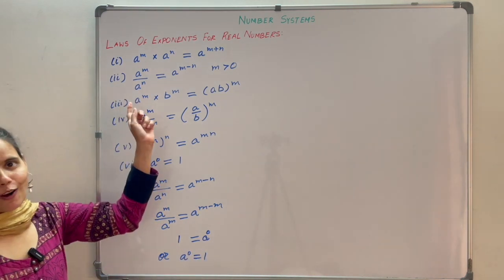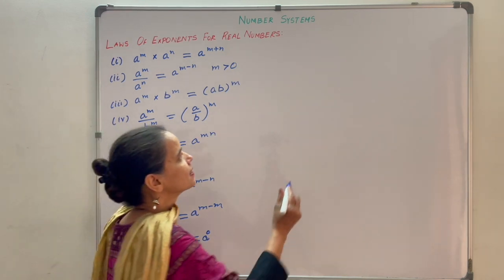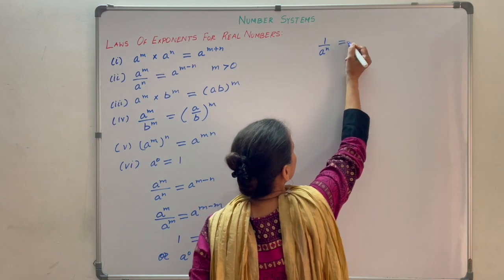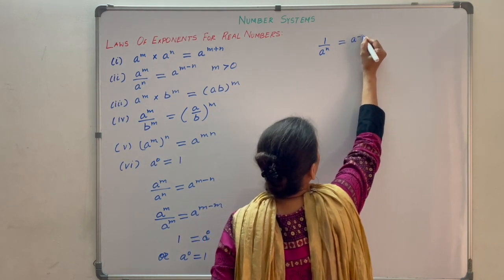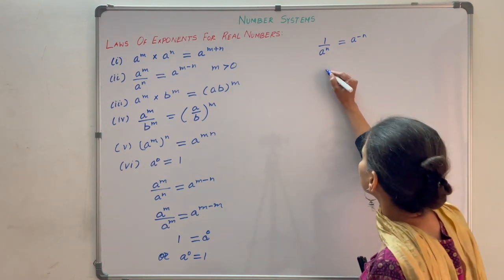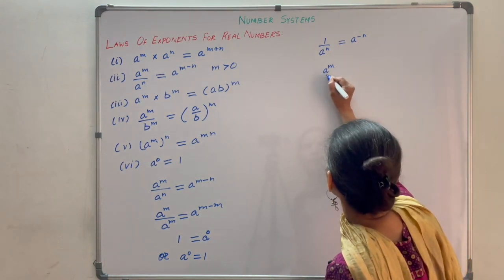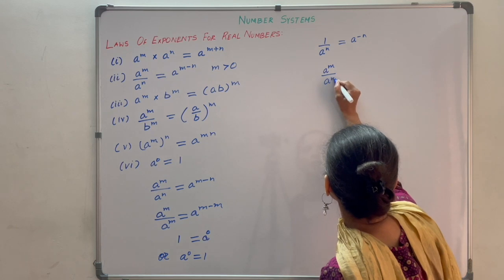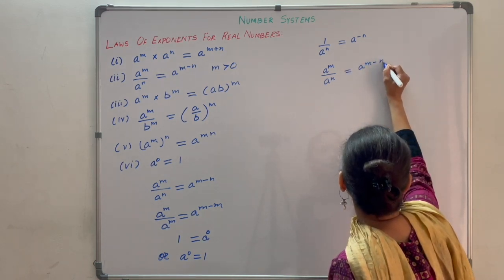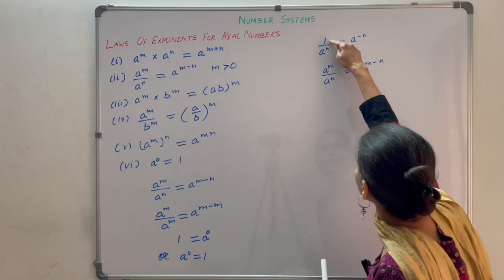Using this same law, we can get this. 1 upon a raised power n is equal to a raised power minus n. Let me explain you. So here we have a raised power m upon a raised power n is equal to a raised power m minus n. So you want 1 here.